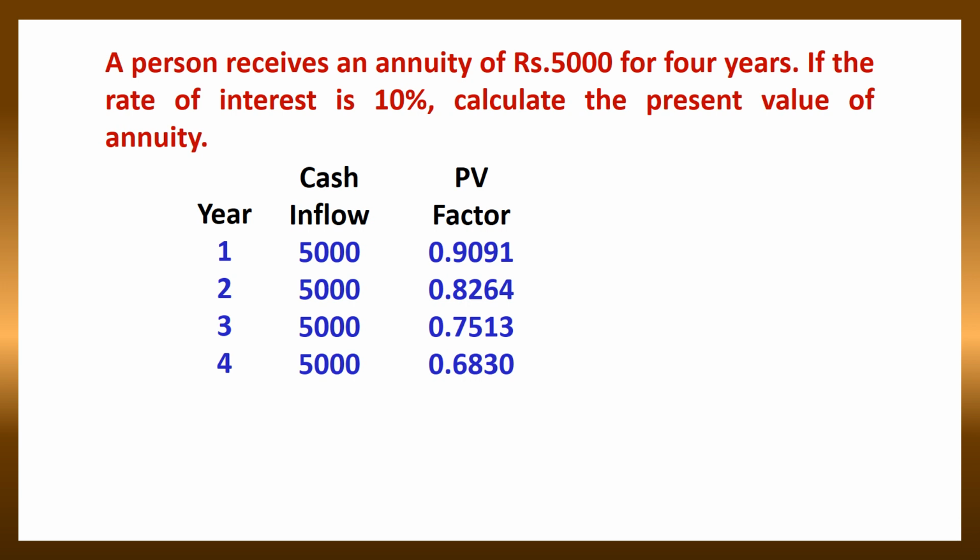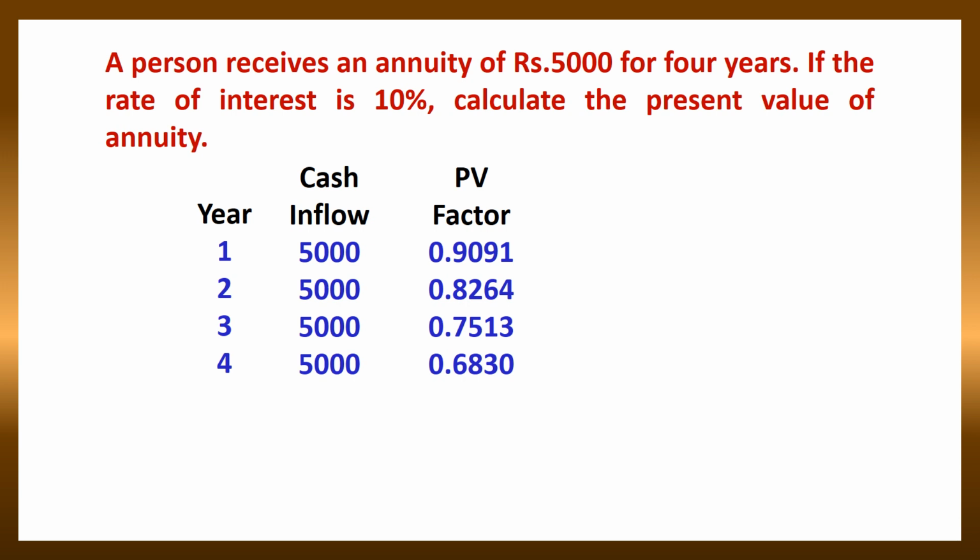For example, if we have 1 rupee today, after 1 year, the value of 1 rupee will reduce to 0.9091. And after 2 years, the same 1 rupee will have the value of only 0.8264. After the third year, the same 1 rupee will be similar to 0.7513.